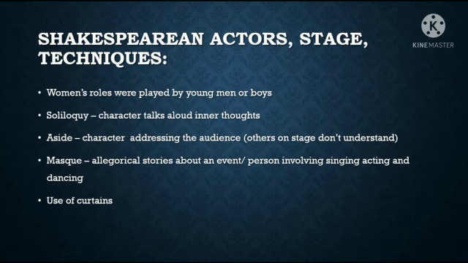The next one is masque. Masque is an allegorical story about an event or person involving singing, acting, and dancing. And the Shakespearean stage had curtains. So they used different backdrops to show different places.